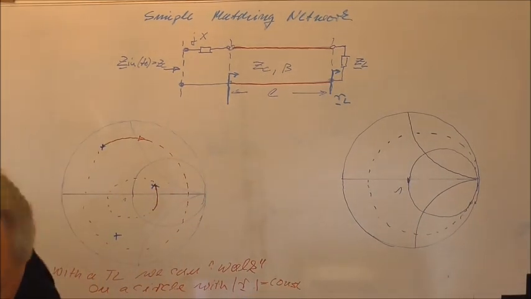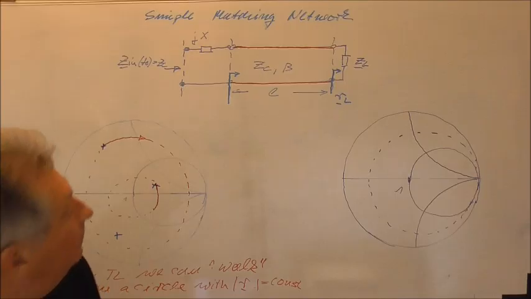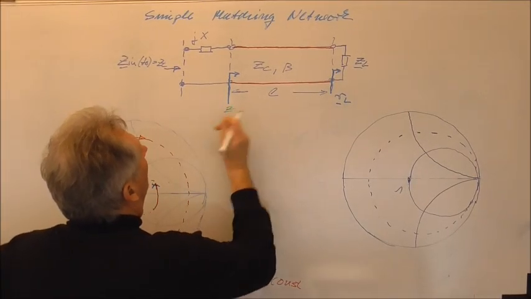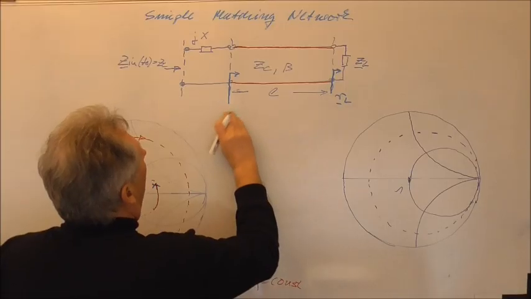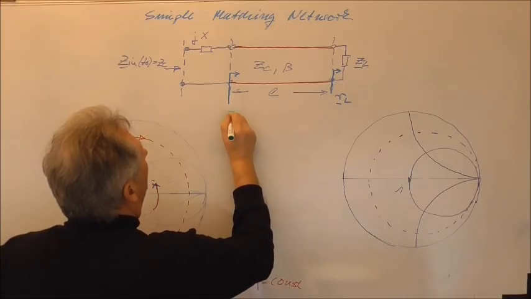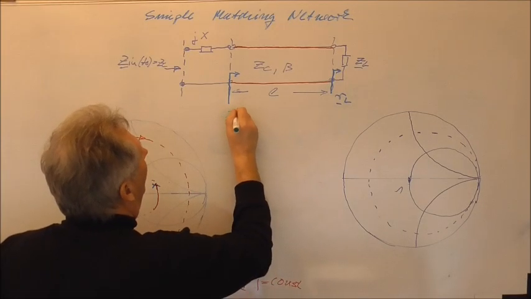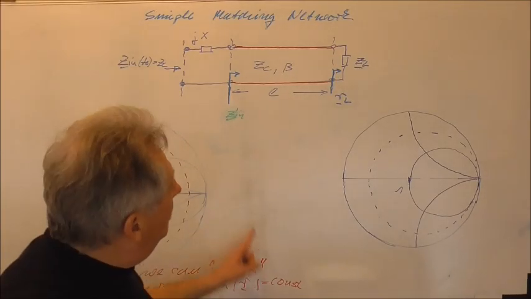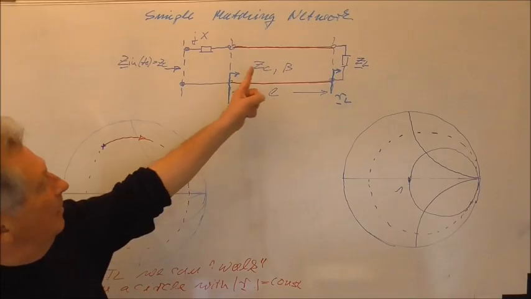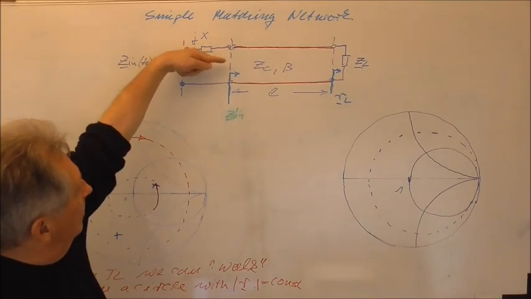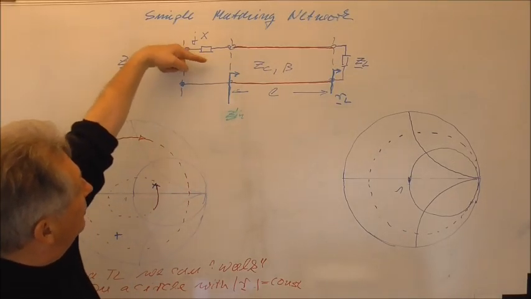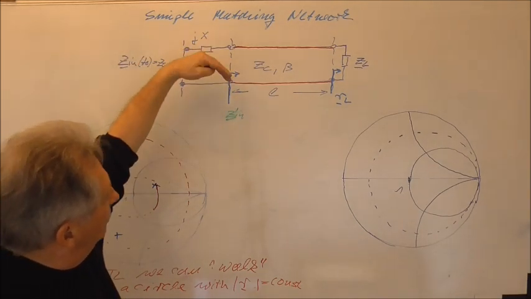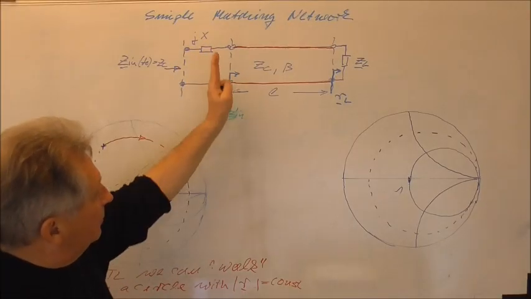And now I assume that I'm already here, this corresponds to Z_in prime in principle. It corresponds to a certain input impedance, and of course this is the input impedance I see into the transmission line at this place.